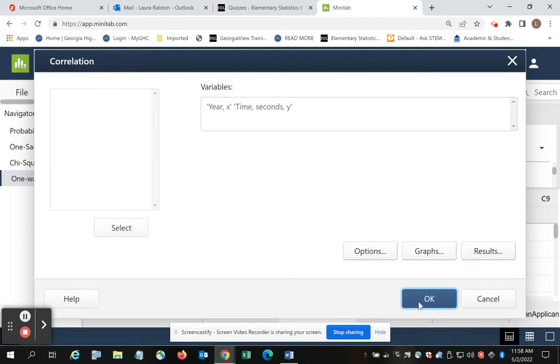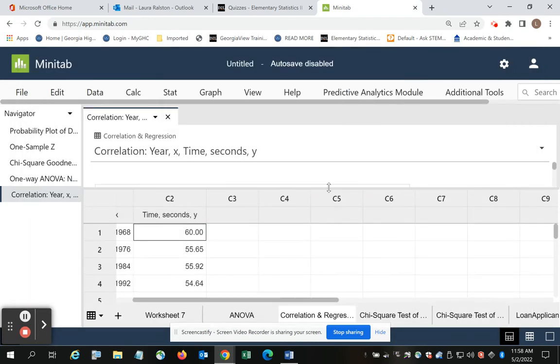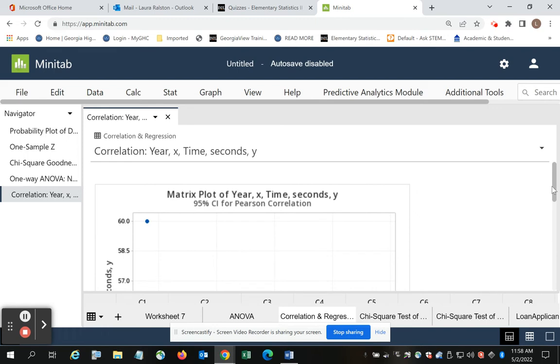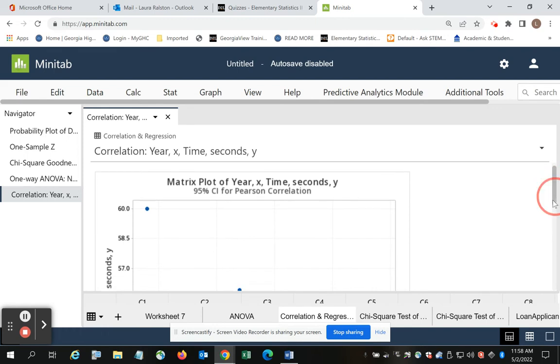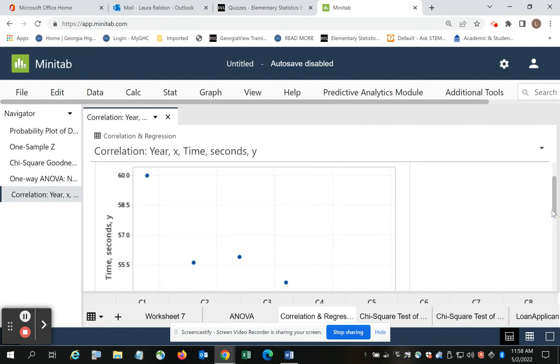And I click OK. I like this method of finding the scatter plot because it's going to give me some additional information. I don't know if I'll be able to get this where you can see all of it, but it gives you a picture of the ordered pairs.